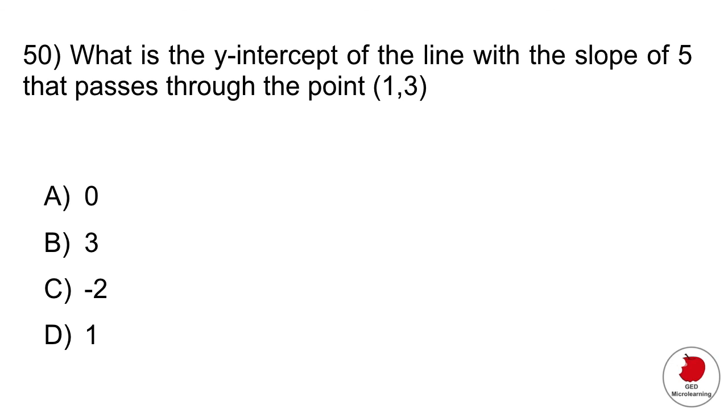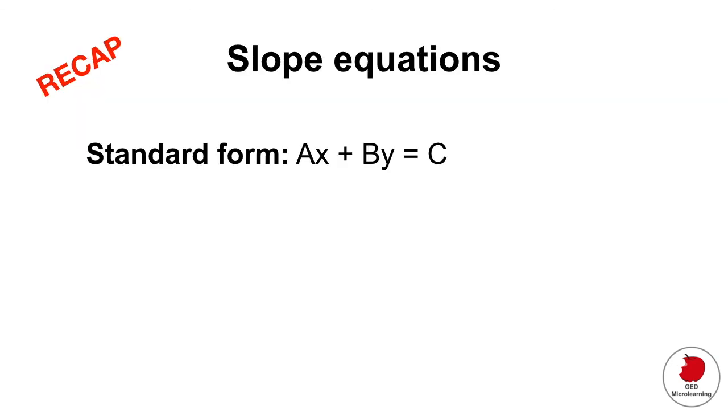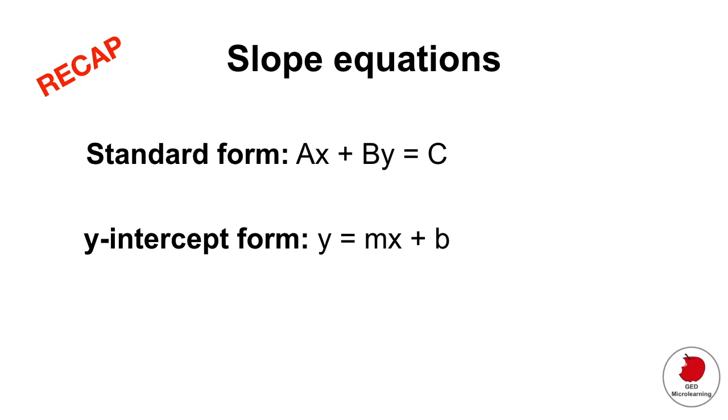For slope equations, you either have the standard form that looks like this, or you have the y-intercept form, which is that. In the y-intercept form, the m is the slope, and the b would be the y-intercept.